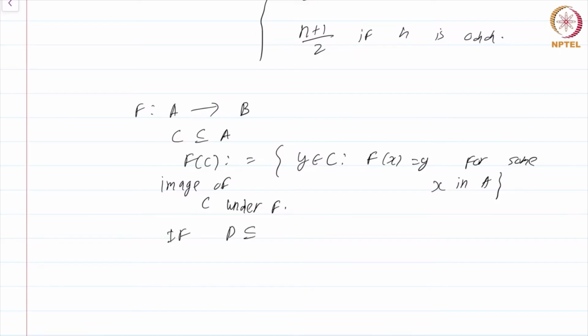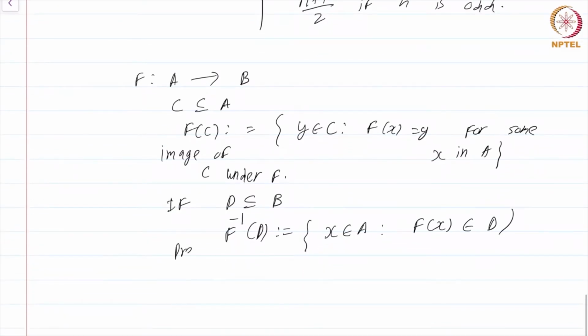If D is a subset of B, then f inverse of D is defined to be the collection of all x in A such that f of x is an element of D. This is written f with a -1 on top, and it's read pre-image of D or inverse image of D.